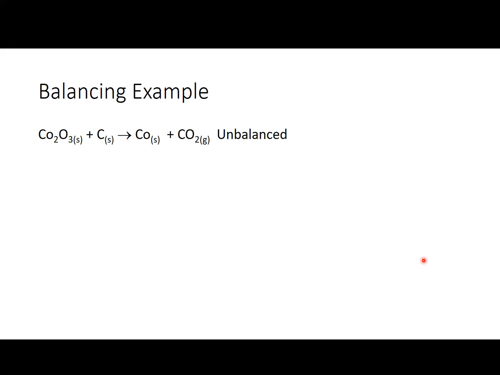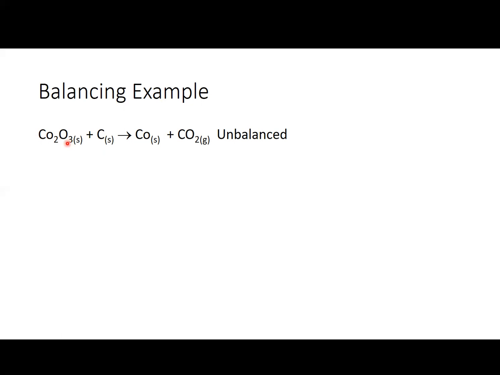Where do we start? Well, I've got the same number of carbons on both sides. Whatever number is in front here is going to have to be in front here. I've got 2 cobalts on this side and 1 on this side. And I've got 3 oxygens on this side and 2 on that side. That is very intriguing to me, because maybe that's the place where I should start.